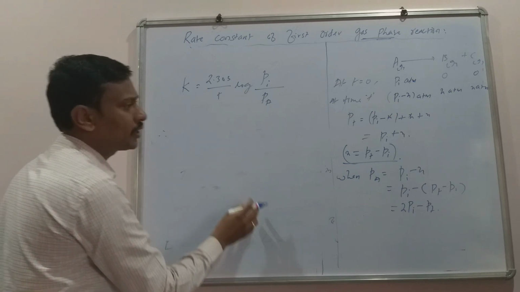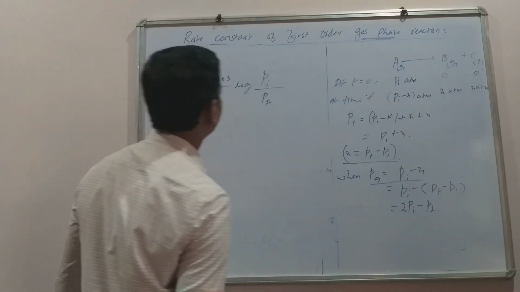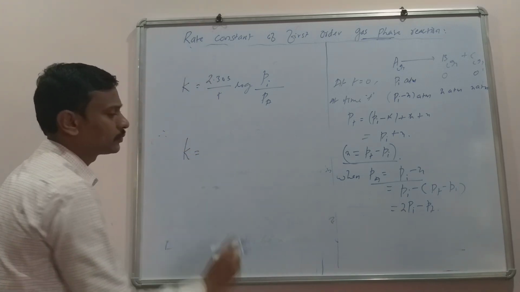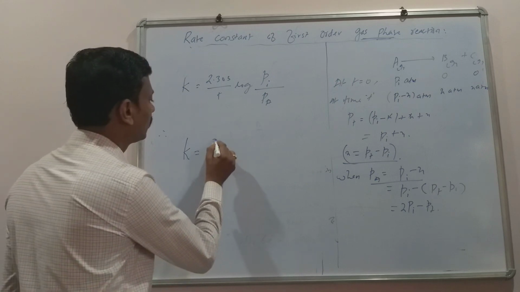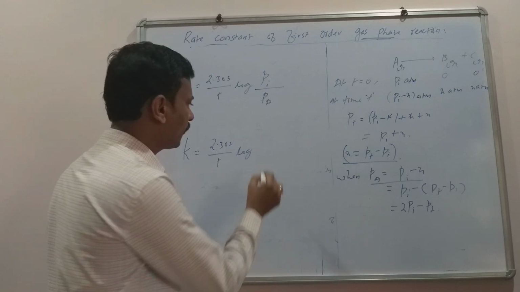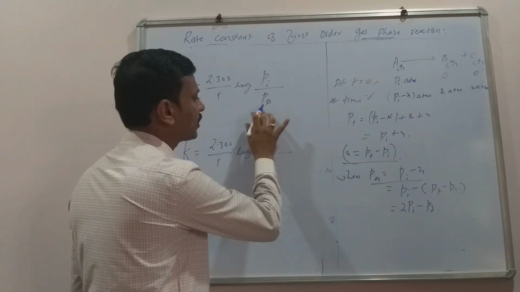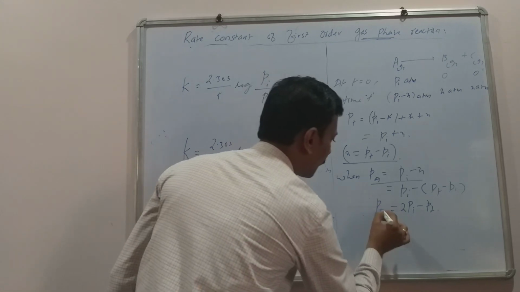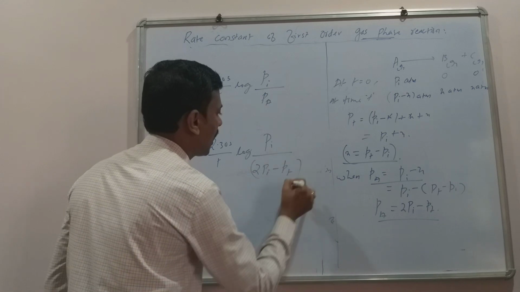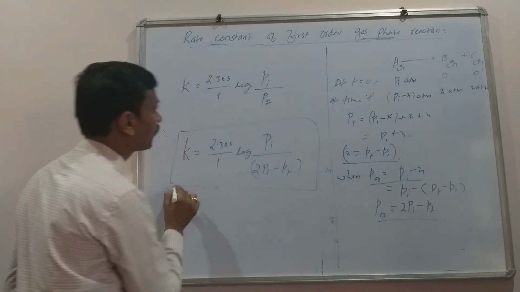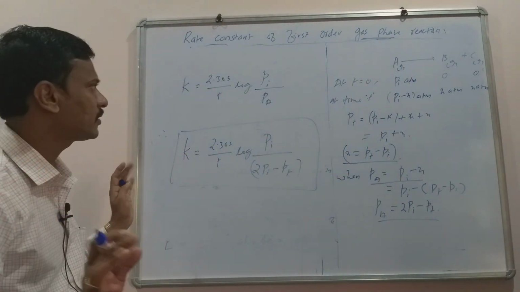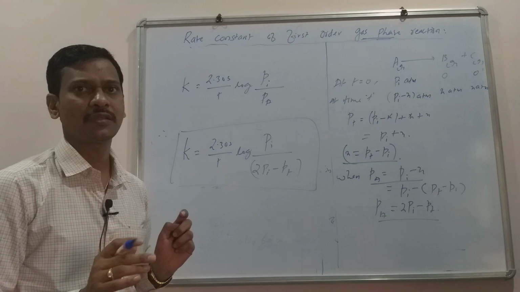Therefore, by substituting the values of Pa as well as Pi, k is equal to 2.303 by t log of the initial pressure of the reactant Pi divided by Pa. But what is the value of Pa? The value of Pa is 2Pi minus Pt. And this is the rate constant equation for the first order gas phase reaction. In such cases, we consider the reactants in the gaseous phase. Okay, thank you.